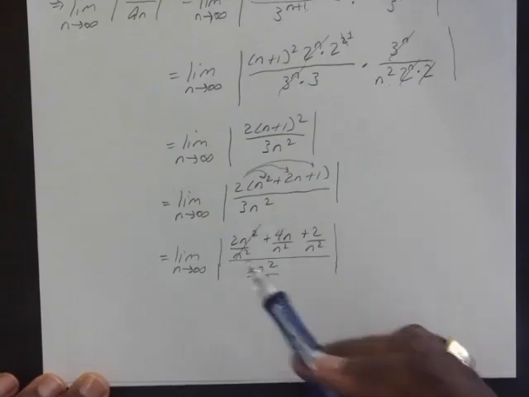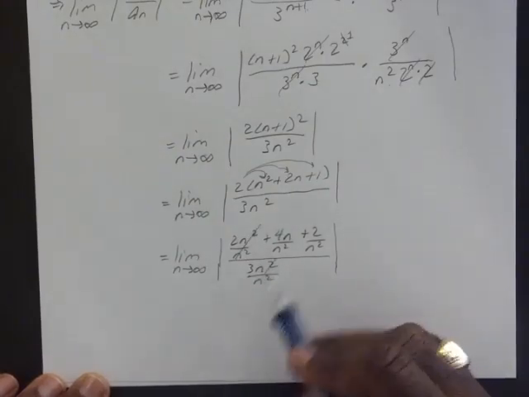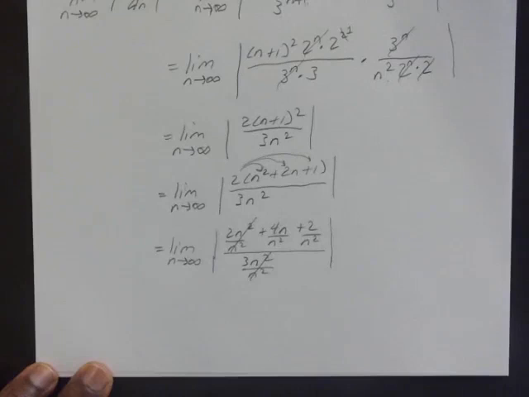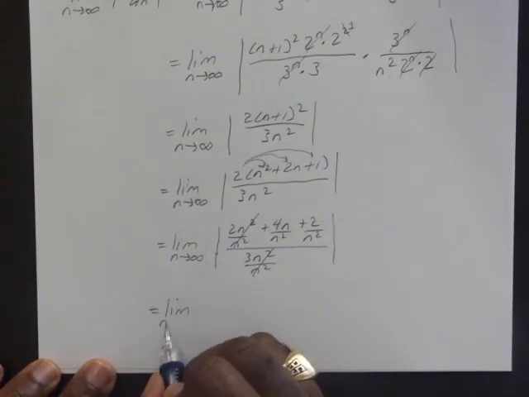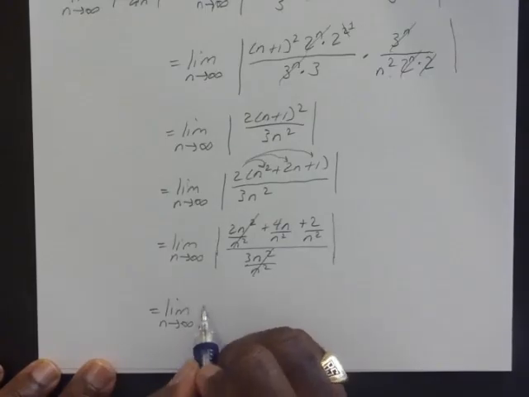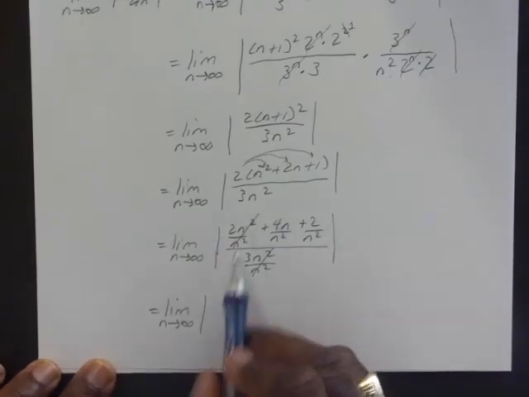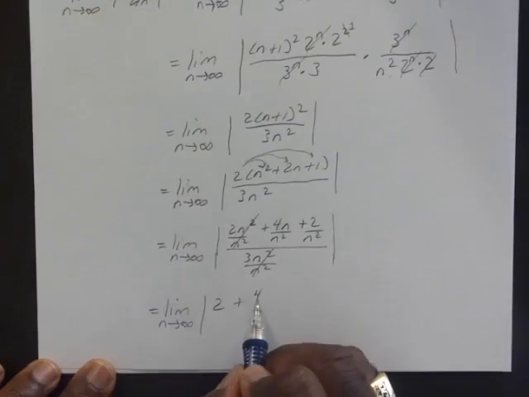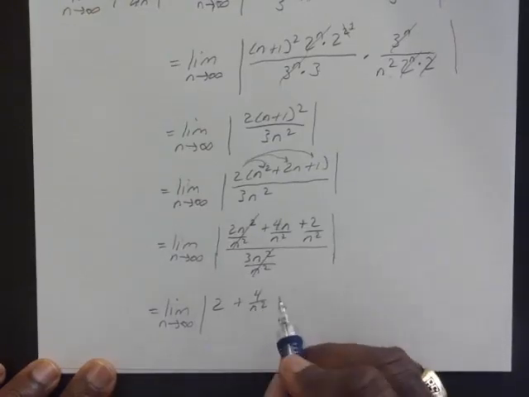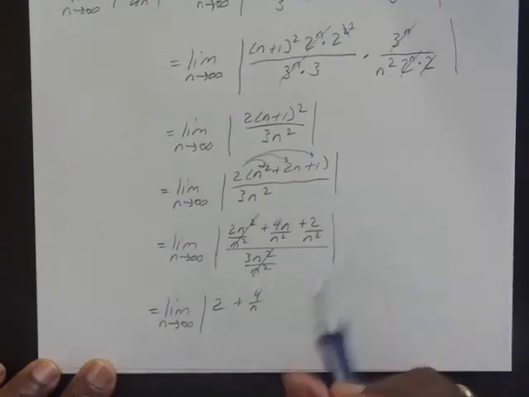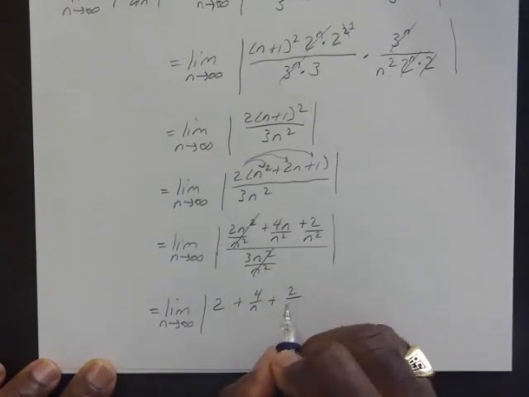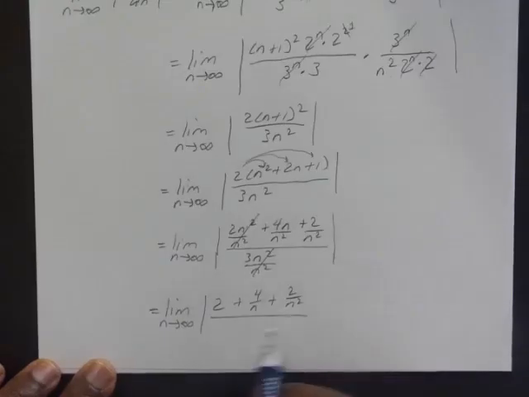Okay, so this n squared cancels out, and these two n squared cancels out. So that gives us the limit as n approaches infinity of 2 plus 4 over n squared. Well, you can say 4 over n, since that n cancels out. Plus 2 over n squared divided by 3.